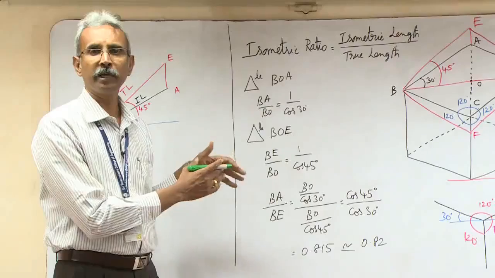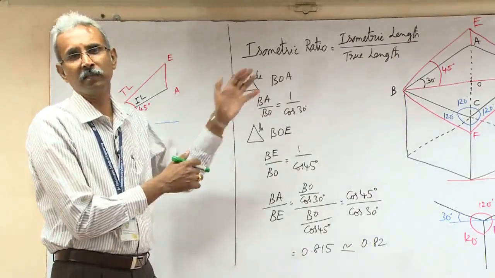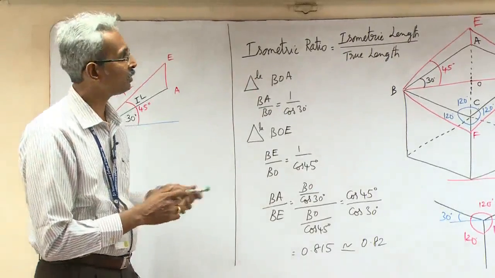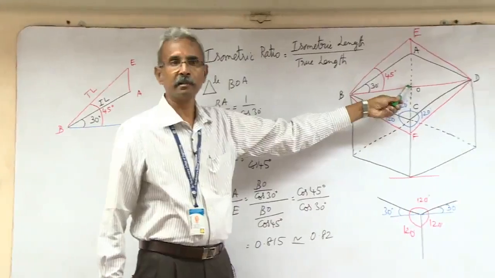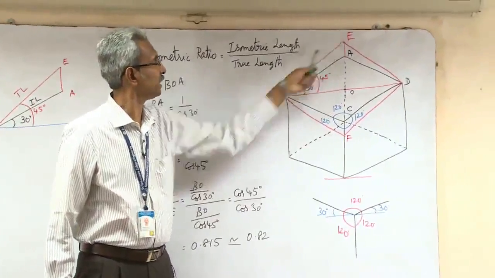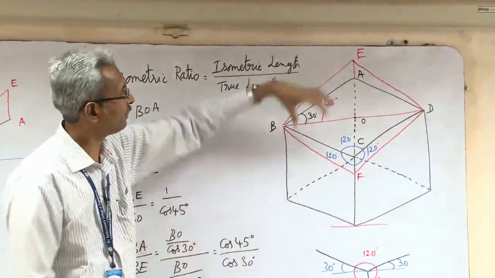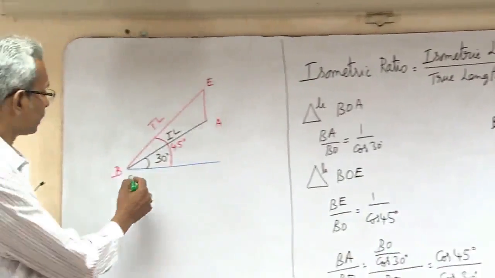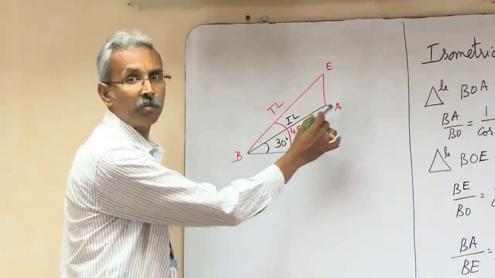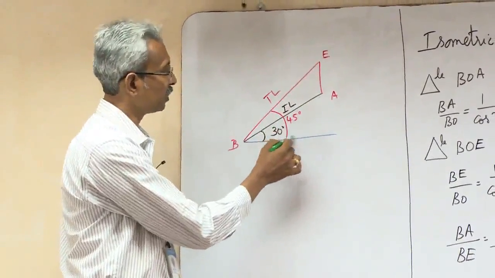In that case, how do I get the isometric lengths of various other true lengths? Now if you look at this diagram, BA is a right angle triangle here, and BE has been reduced to BA. So we will take this and put it separately here. There is a horizontal line, and I have drawn BA, which is 30 degrees inclined to the horizontal.